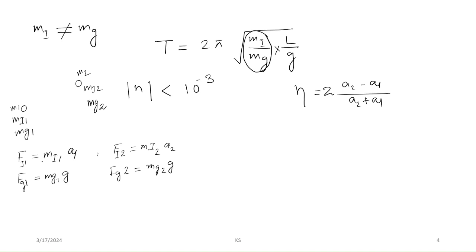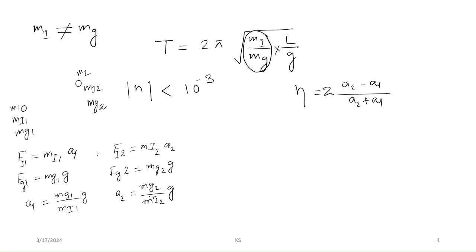Now these two are equal. So from here we get A1 as mg1 by mi1 g, and from these two equations we'll get A2 as mg2 by mi2 g.